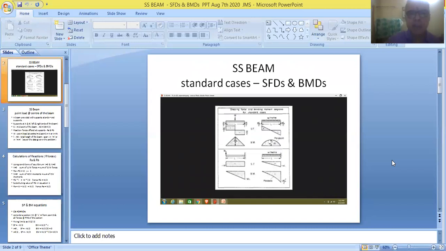It is marked below the baseline. The second value is obtained as 0, so it is marked on the baseline. The third value is obtained as positive, and it is marked above the baseline. So this magnitude is representing minus WL by 2, and this is representing plus WL by 2.